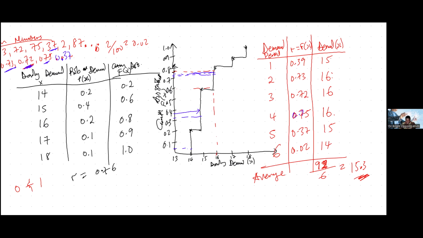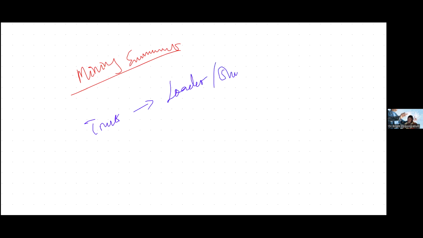All right, so we shall look at another example where we are going to simulate a particular queuing system. In a typical mining environment, you may have a system where a truck must move to a loader or a shovel, and the shovel will then load sand, gravel or rock materials into the bucket of the truck.